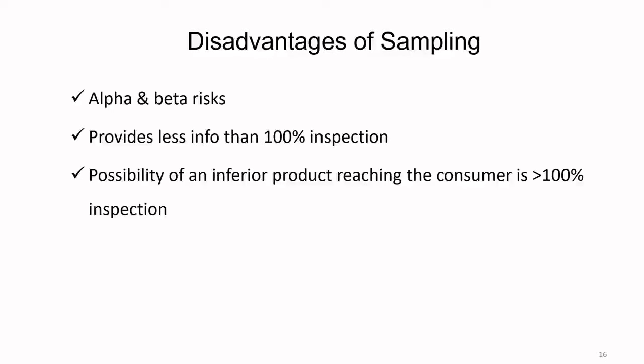If you check all the pieces, you will catch all the inferior products, and therefore no inferior product will reach the consumer. But in the case of sampling, there are chances of an inferior product reaching the consumer, which is the beta risk.